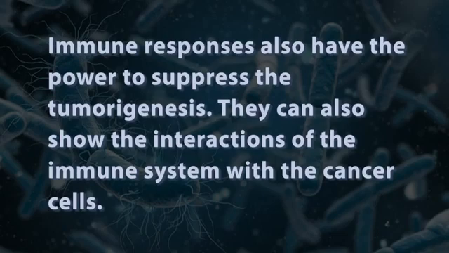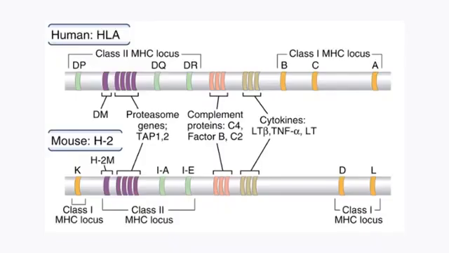They can also show interactions of the immune system with the cancer cells. Epigenetic changes can occur, resulting in alteration in the expression of the gene without differences in the DNA sequence. The cell-mediated immune response is mainly regulated by the gene called the immune response gene.